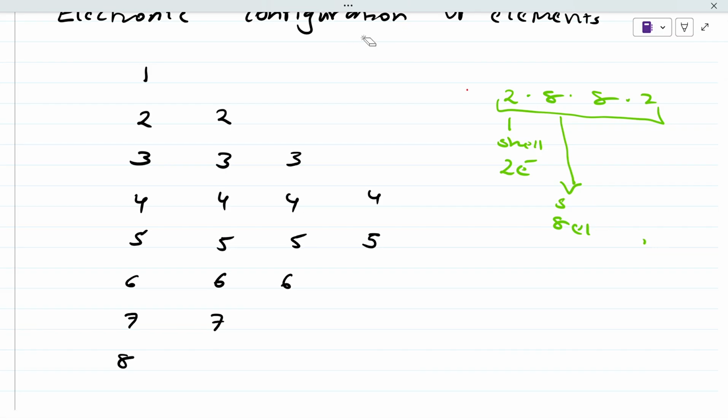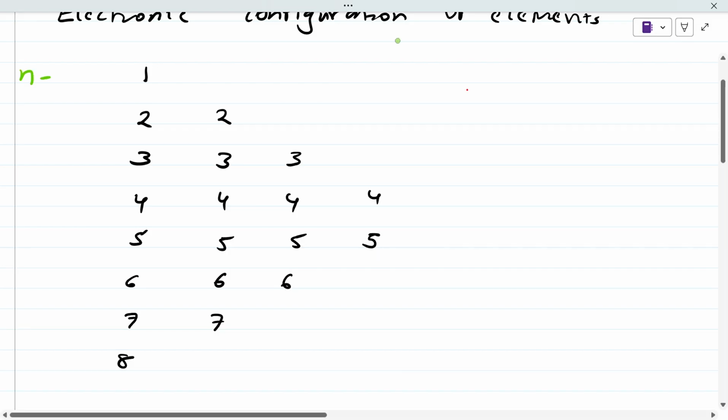Now, using the Aufbau principle, we have the subshells. It tells us what subshells are found within a given shell. What you really need to know is that in the principal quantum number, a shell is given an n number. Shell 1 has n equal to 1.